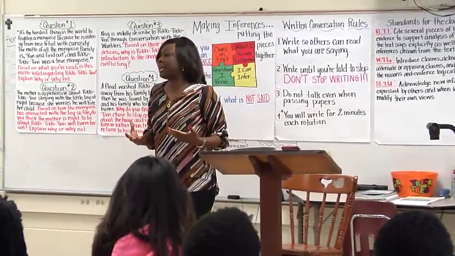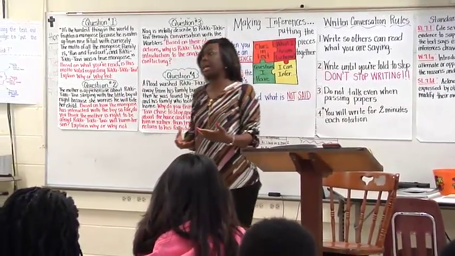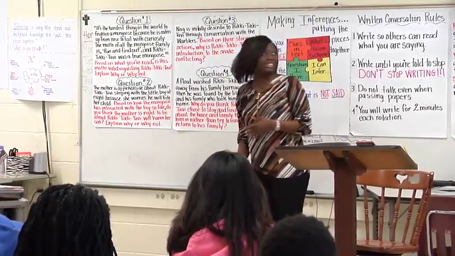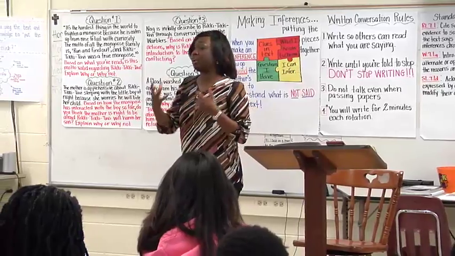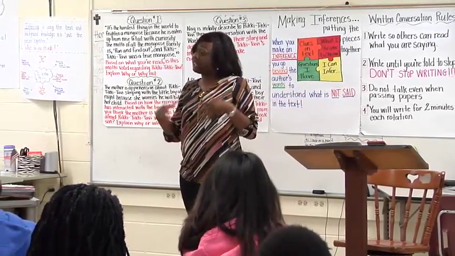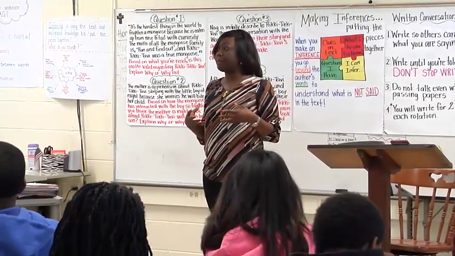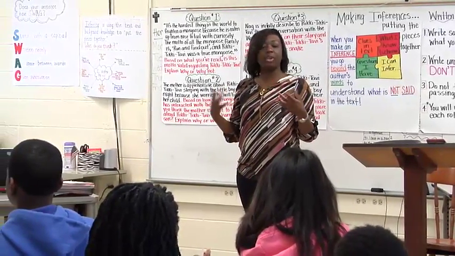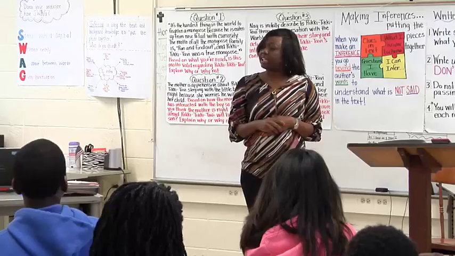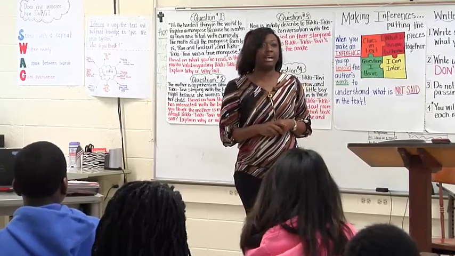You gave your opinion. You introduced your claims. You used evidence from the text. And then your friends came back and they either agreed with you or disagreed and told you why or why not, right? And then we discussed it as a class. We listened and we responded. So good job, okay? Good job.